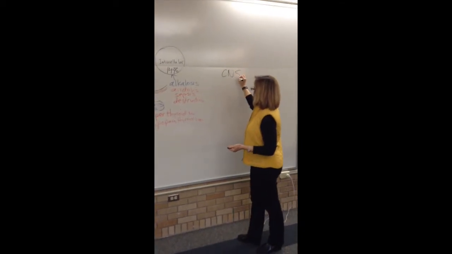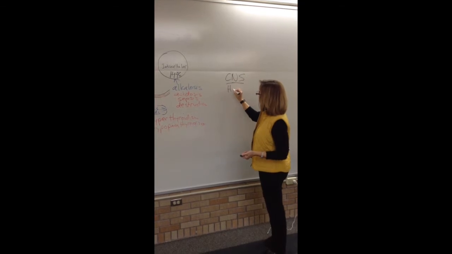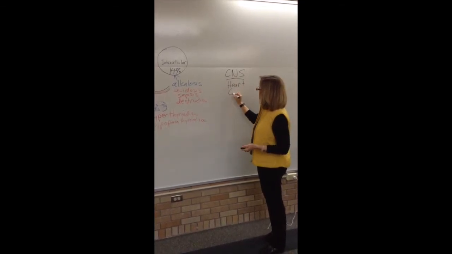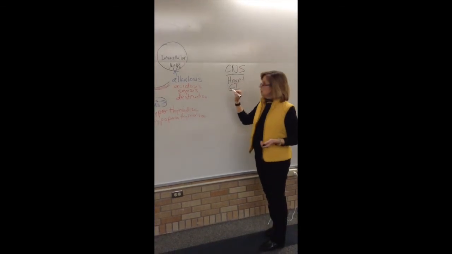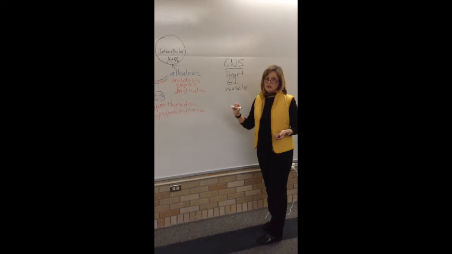We're talking about problems with our central nervous system. We're going to have problems with our heart being able to beat correctly. We're going to have problems with our GI tract. We're going to have problems with our muscles in general.